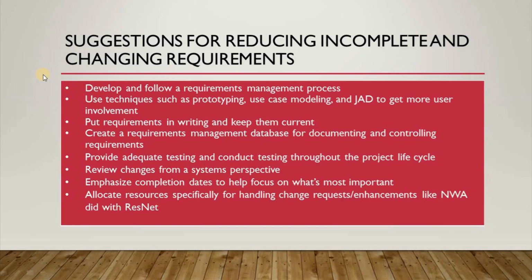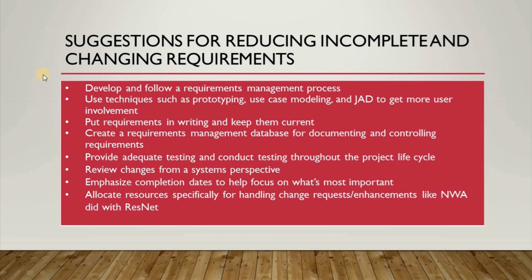Suggestions for reducing incomplete and changing requirements. Develop and follow a requirements management process. Use techniques such as prototyping, use case modeling, and JAD to get more user involvement. Put requirements in writing and keep them current. Create a requirements management database for documenting and controlling requirements.